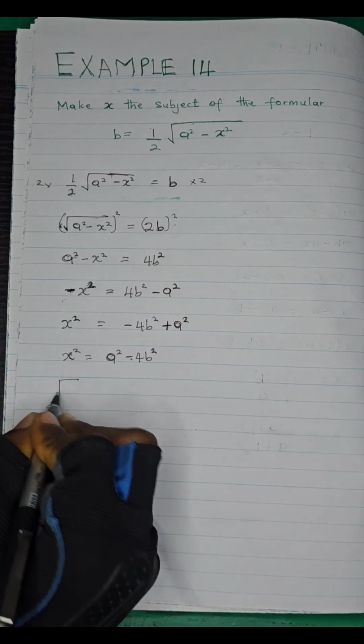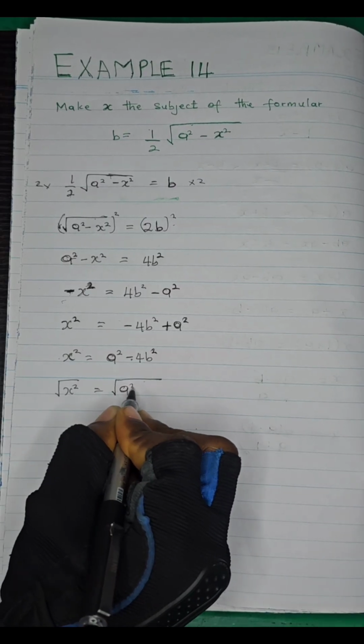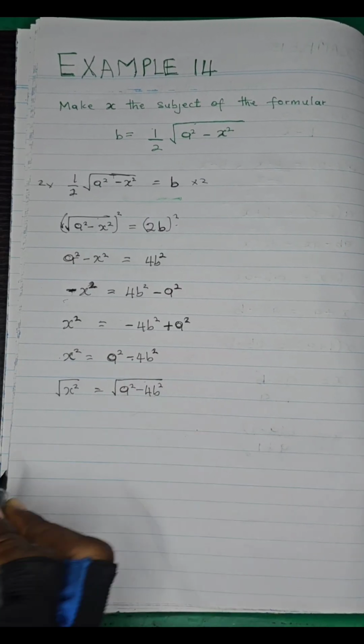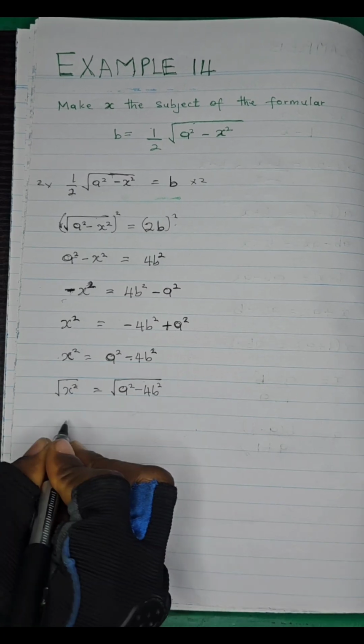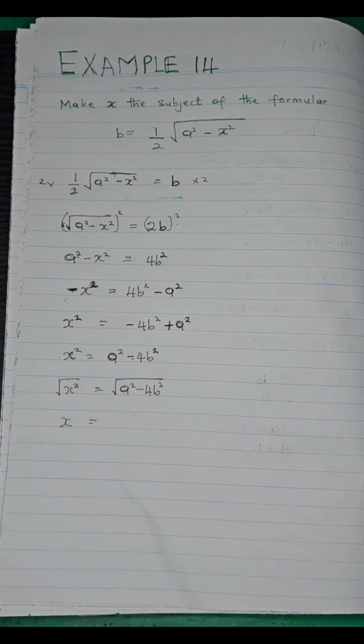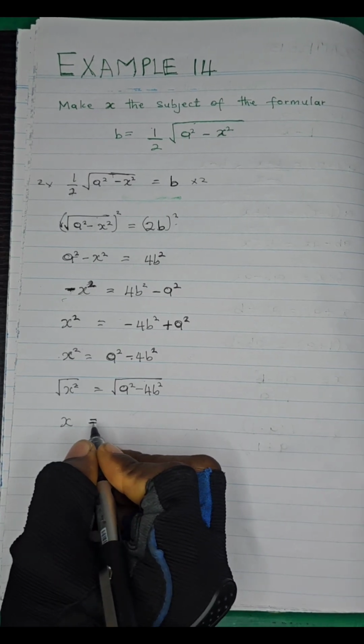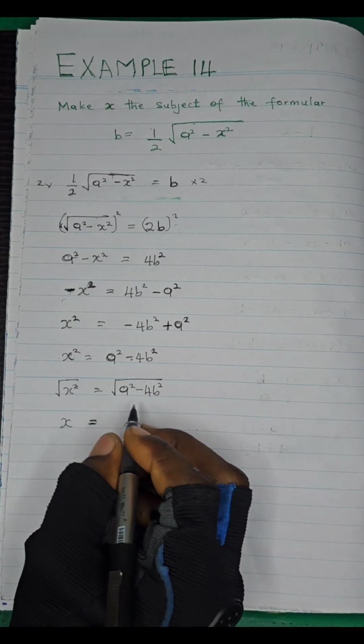When you find the square root of x squared and the square root of a squared minus 4b squared, the square root will cancel the square. So it will now be x is equal to, mind you, when you're looking for a square root, remember what we did in our previous class, let me give you an example.